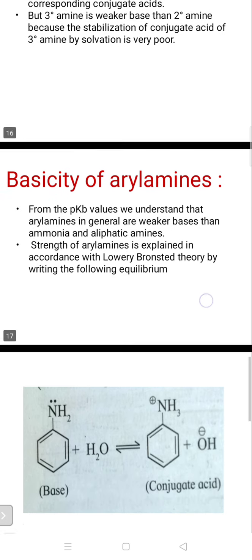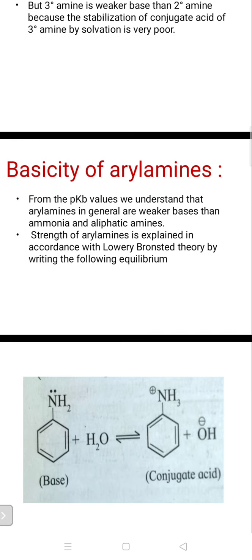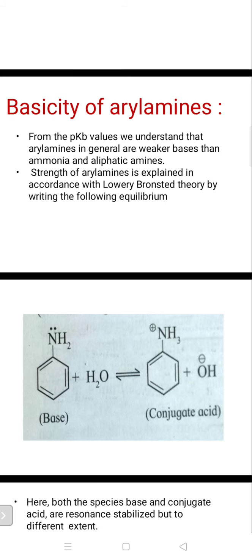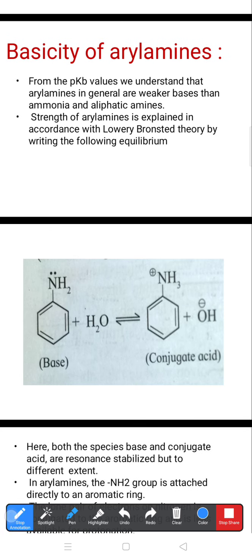The strength of aryl amines is explained on the basis of the Lowry and Bronsted theory by writing the following equilibrium. Equilibrium means that the rate of the forward reaction becomes equal to the rate of the reverse reaction. That is called equilibrium, which we learned in the 11th standard.